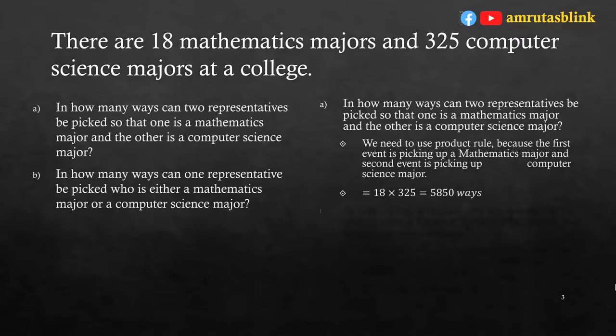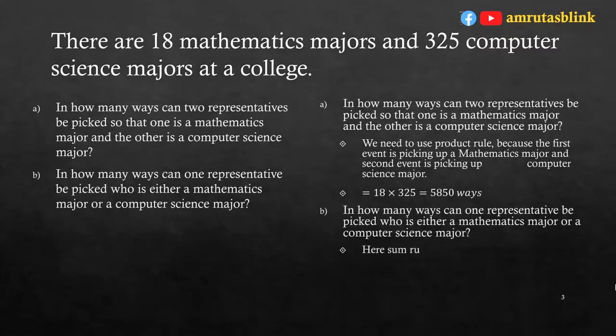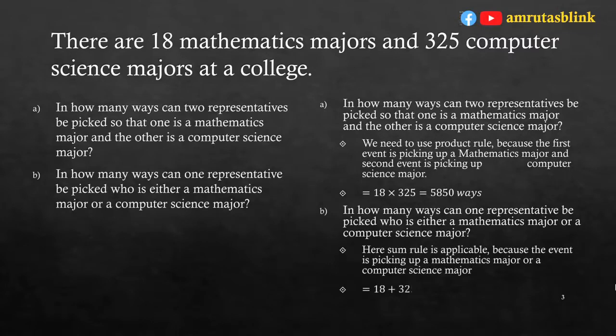Similarly, in the second question, in how many ways can one representative be picked who is either a mathematics or a computer science major? Now, we just need to choose one representative. So, how many total candidates will be there? There will be 18 plus 325, that is 343 representatives, from which we need to choose only one representative.